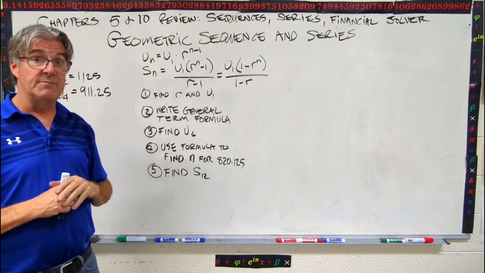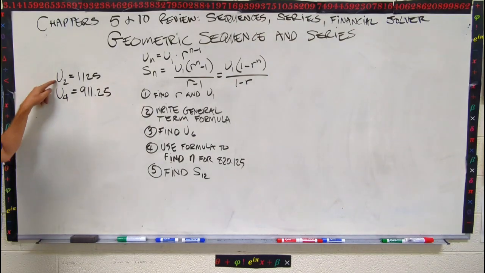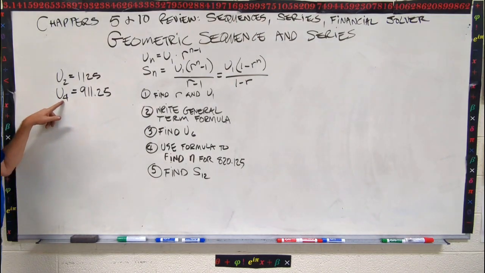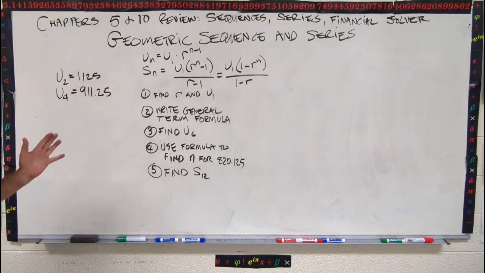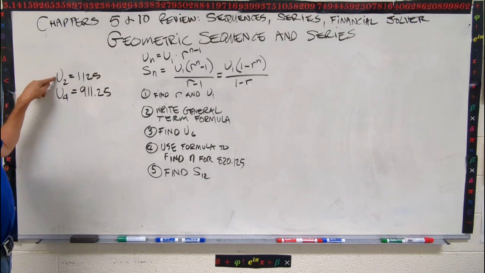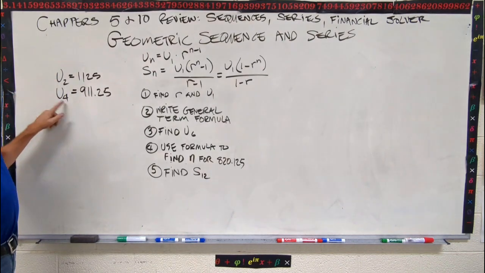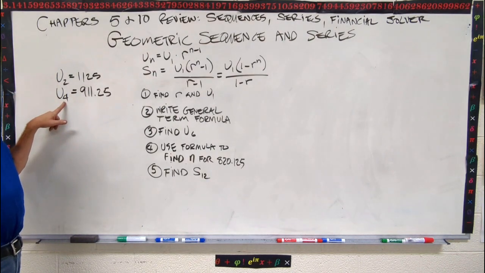So let's take a look at our problem. Here we go. We've got U2 and U4, okay? Now, here's our first question. Find R and find U1, okay? So here we go. The way we do that is we could pretend that this is U1 and that this would be then what? U3, right?